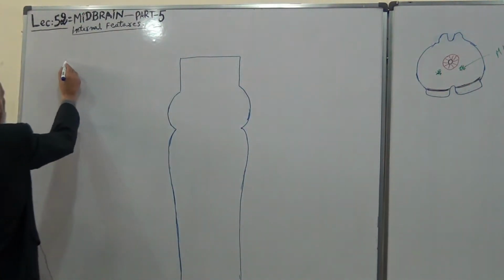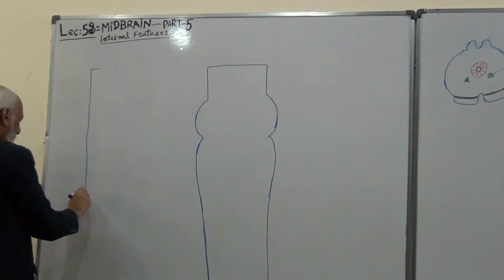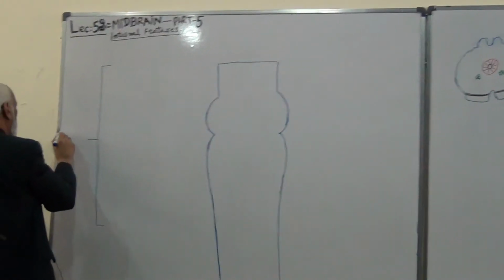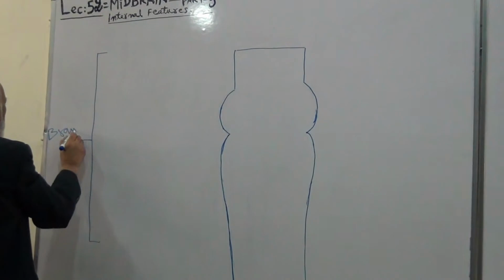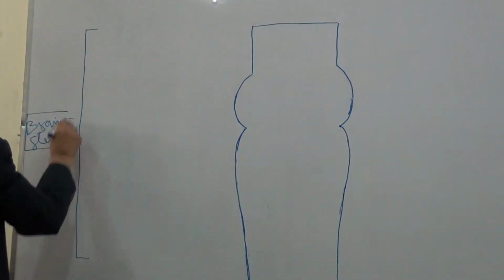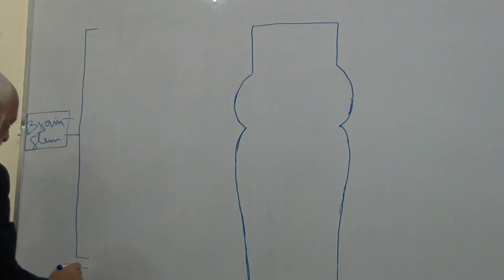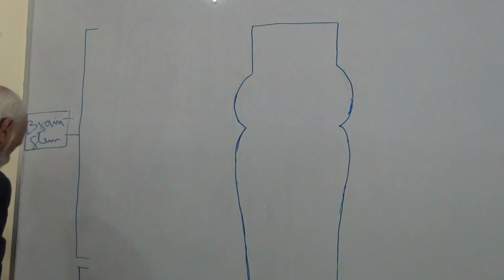This is the brainstem, and below it, this is spinal cord.